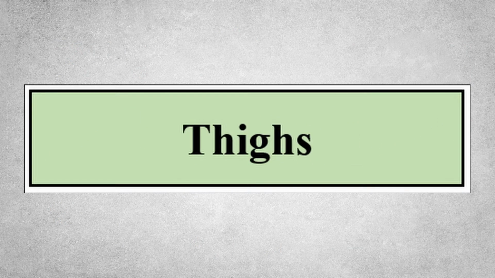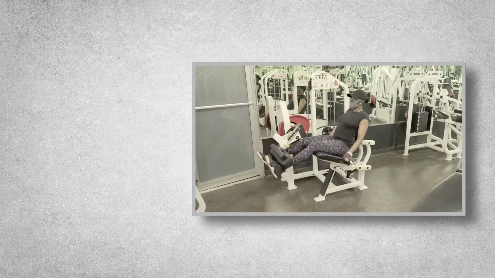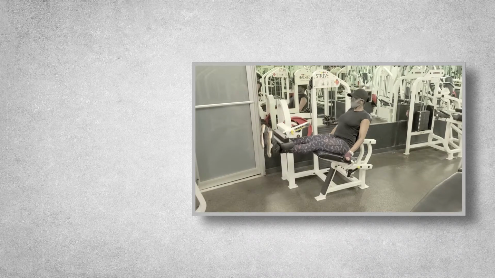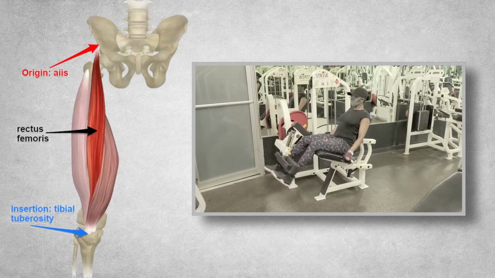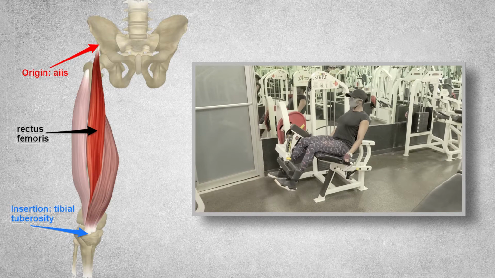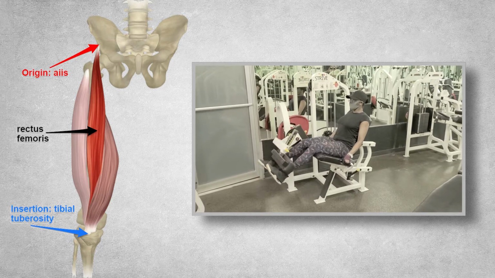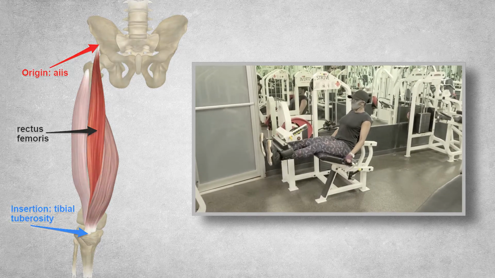Moving up to the thighs, every program for general and special populations should include knee extension and knee curl variations. Knee extensions are important because they include the muscle in the middle of the quadriceps, the rectus femoris, which isn't sufficiently activated or trained during multi-joint exercises like squats and lunges.